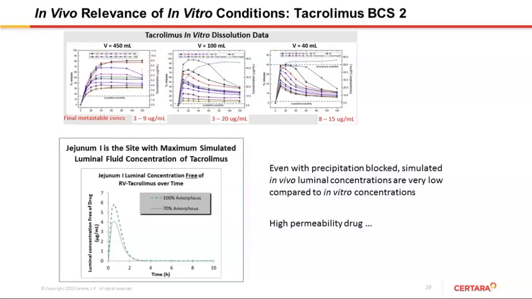And for 100% amorphous formulation, the concentration never exceeds 6 micrograms per mL, which is significantly less, or certainly within the stable zone of the profiles above. If you look at the final metastable concentrations that I've indicated in red at the top here, you can see that it appears that it's extremely unlikely that you will get the high concentrations that you get, particularly in the lower volume in vitro experiments. You're unlikely to get them in vivo, and this is essentially linked to the high permeability of the compound.